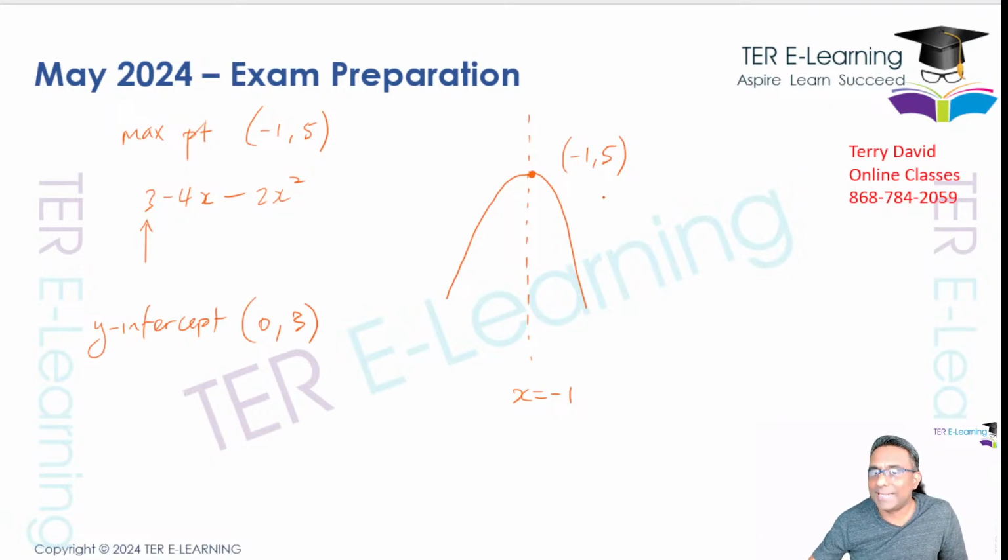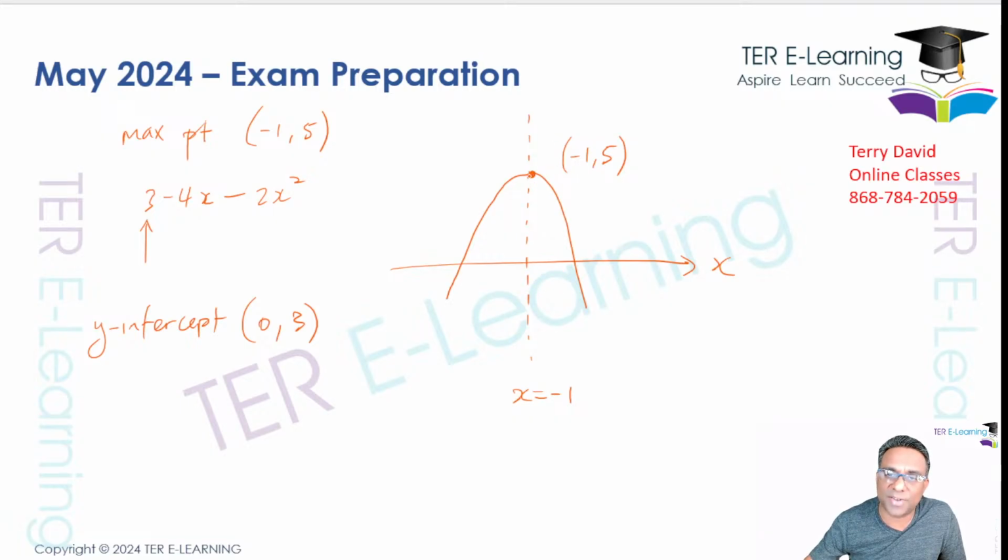So now, I need to put in my x-axis and my y-axis on this diagram here. So we had -1. If I had to draw the axes here, I'll probably draw it like this. So maybe the x-axis is here, and the y-intercept is supposed to be 0, 3.